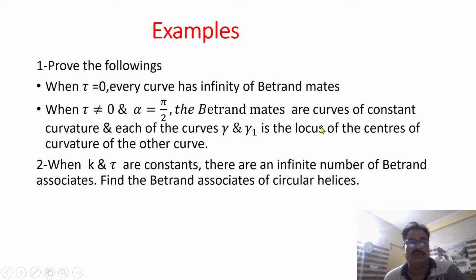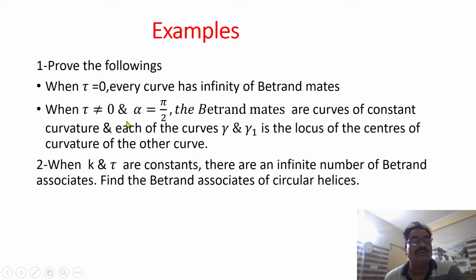Here I want to give two examples of the Bertrand curve, and I wish the students to try their best first, and then I will provide the solution in a separate PPT. Prove the following: when tau is equal to 0, then every curve has infinitely many Bertrand mates.